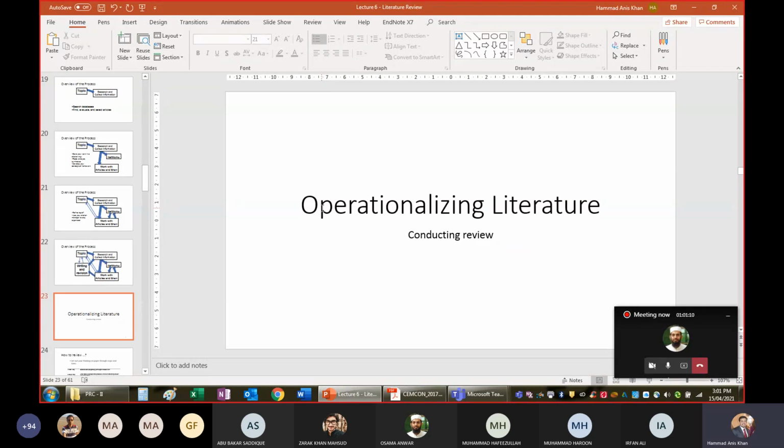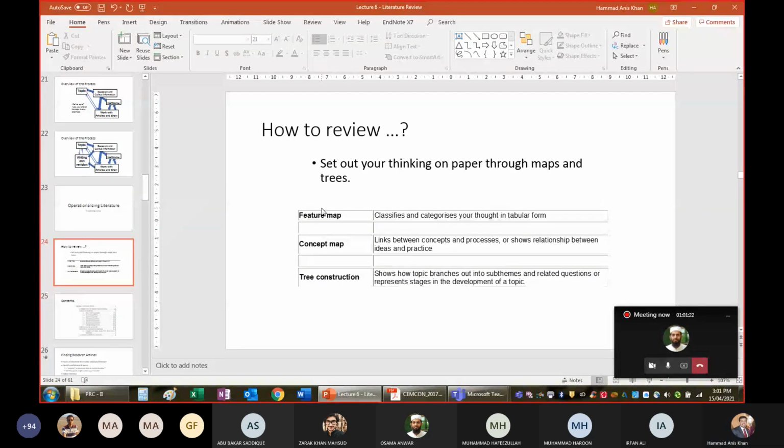Now, in the literature review, the first is how to conduct the review, and the second is operationalizing the literature. So how to review? I have discussed this previously as well: set out your thinking on paper through maps and trees.